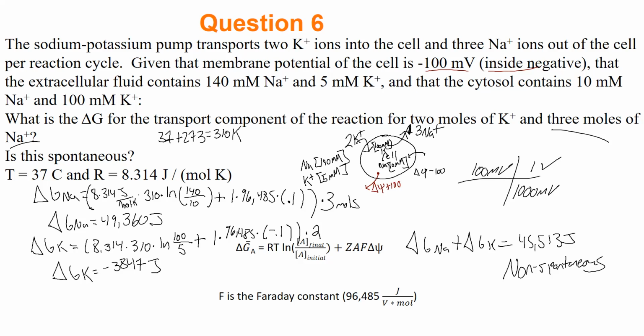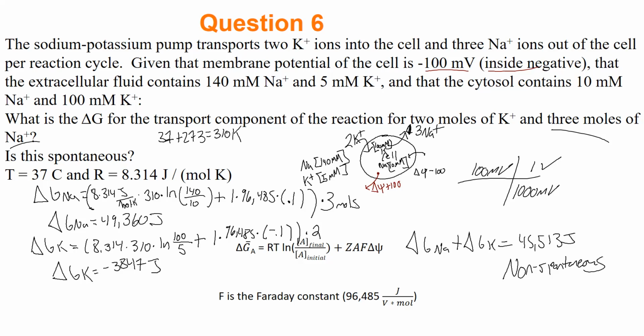Because it's final divided by initial. It's basically the concentration of where you're ending up, divided by the concentration of where you initially began. So the sodium is leaving the cell, right? So the final location is the extracellular fluid. The potassium is going inside the cell.